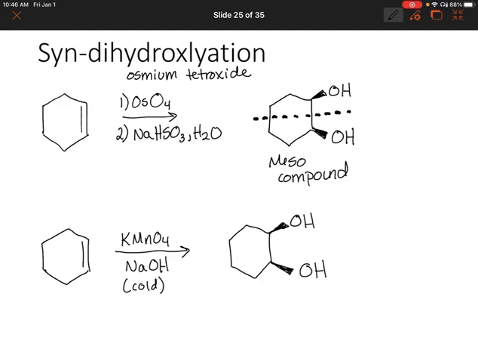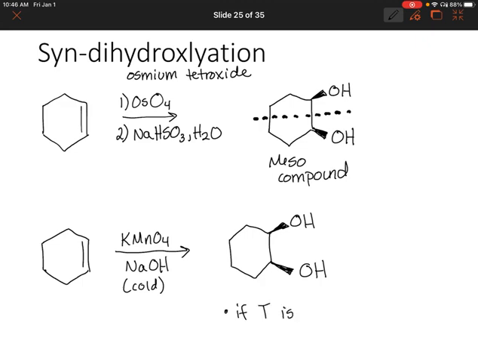Now, the reason we need really cold temperatures if we use potassium permanganate is that potassium permanganate is an oxidizer. So if the reaction is at all warm, then oxidation will continue to occur beyond the alcohol groups and will actually end up forming carboxylic acids. So let's just make a note of that.